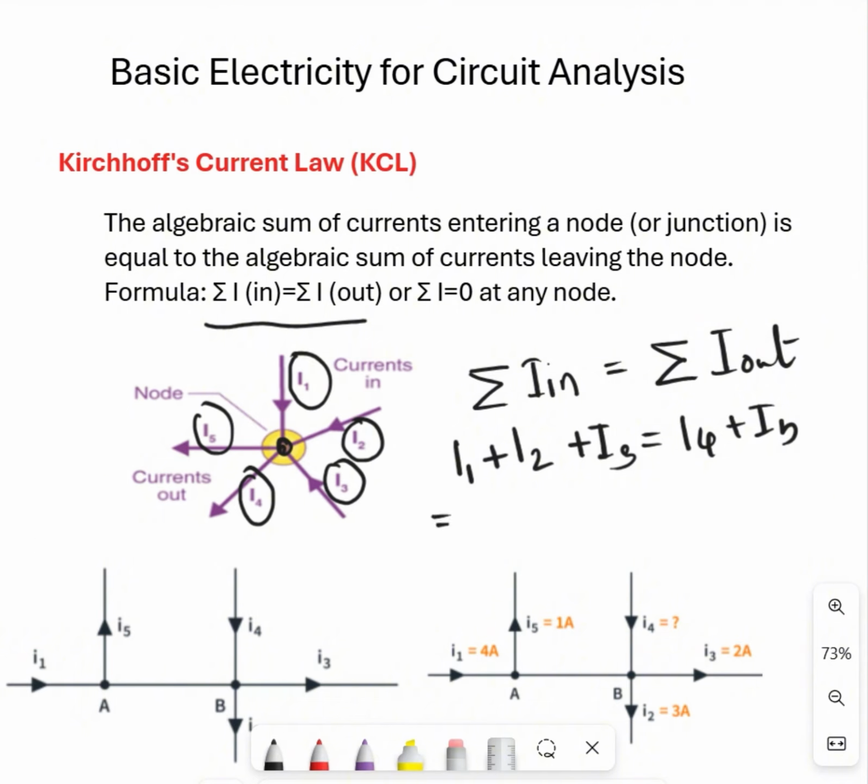And we could write down here I1 plus I2 plus I3 minus I4 minus I5 is equal to 0. So the total summation of the current within the node is equal to 0. So this is KCL.